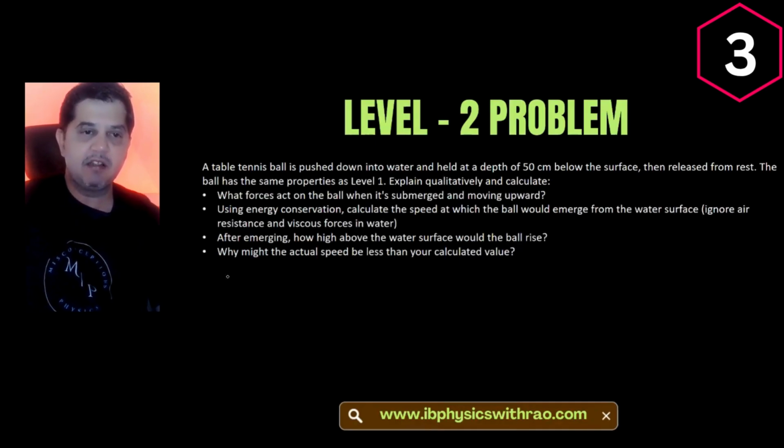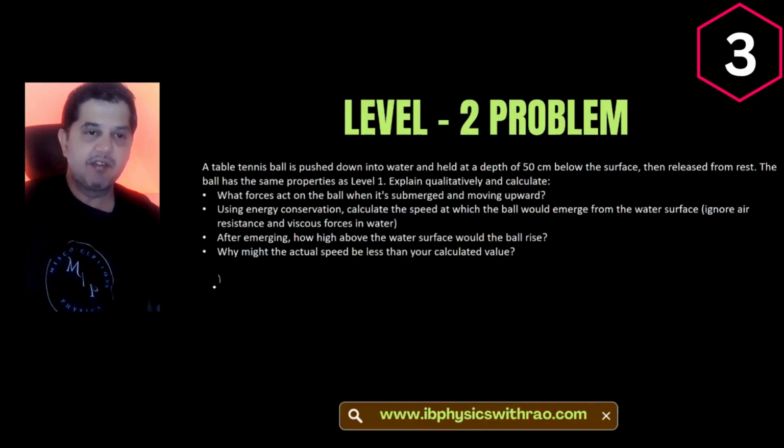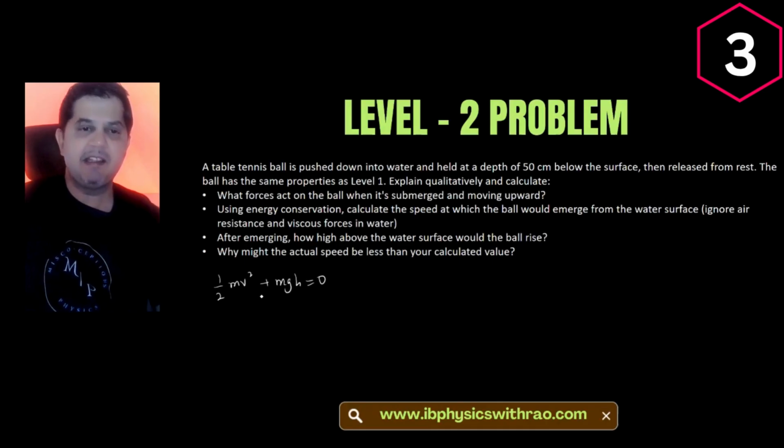So you can write, where is it? Let me use my different color pen. So I will use half mv square plus mgh is equal to 0. Let me take the magnitude over here. So v square will be equal to 2gh, because g is negative, so as a result of it, this becomes minus over here.